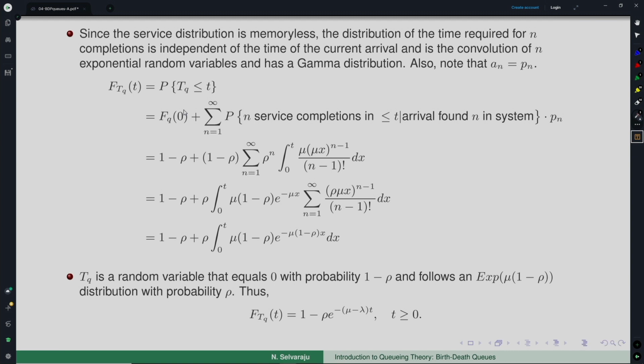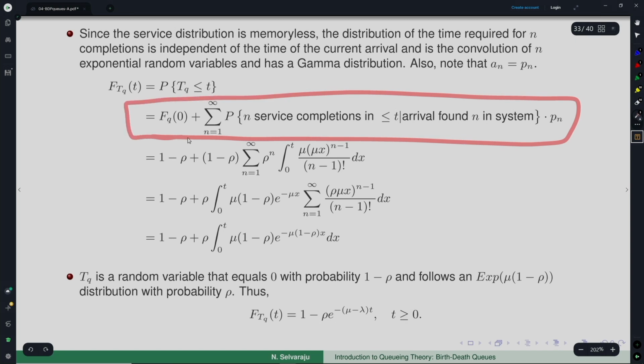That means there is at least 1 in the system, or in general at least n in the system where n is at least 1, and these n service completions happen by time t, so that he gets into service by time t. On his arrival he finds n in the system with the corresponding probability A_n, but since A_n is equal to P_n, we can directly substitute P_n here. So, this is the argument.